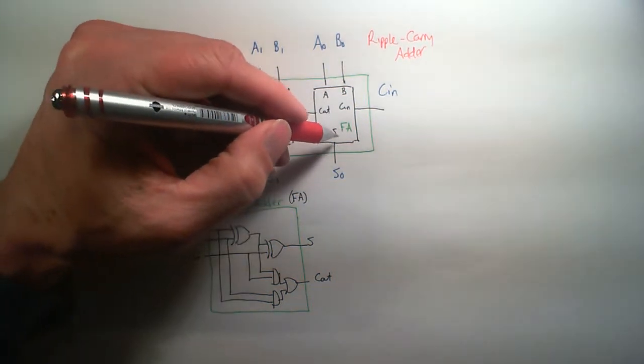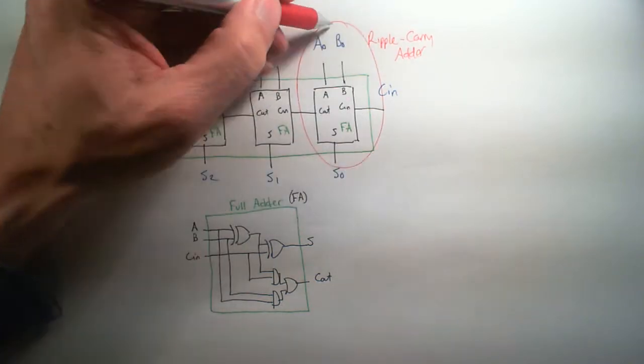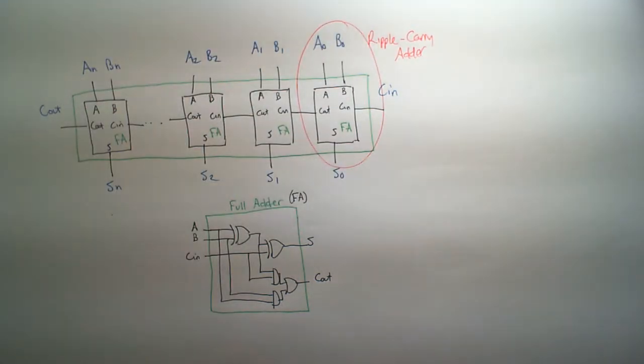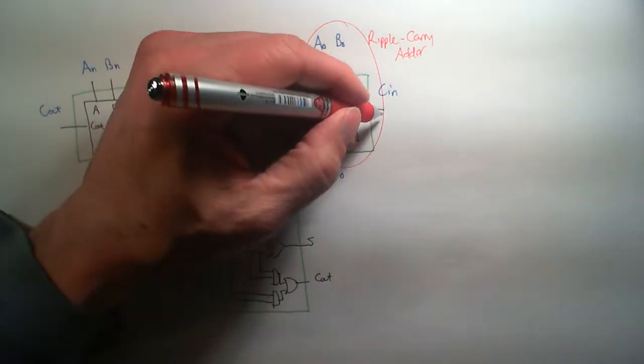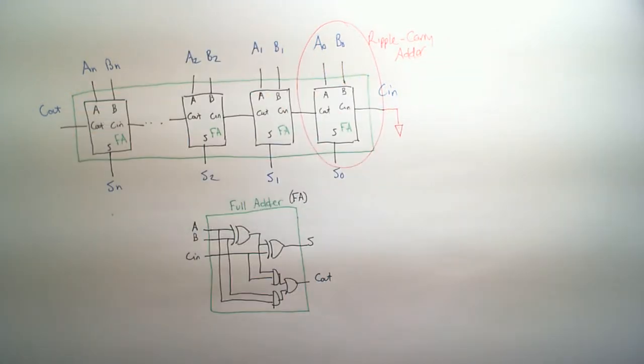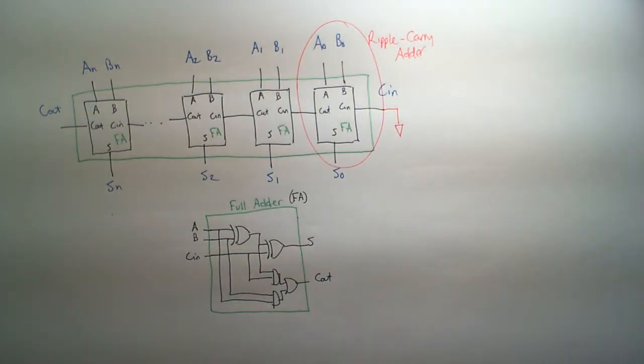Well, here in the least significant bit position, I don't really need a full adder because if I'm adding two, let's say 8-bit or 16-bit numbers together, I know the carry in is going to be tied to ground for the carry into the least significant bit.